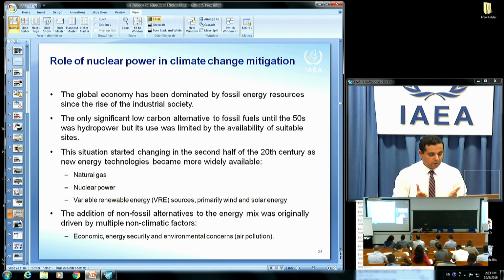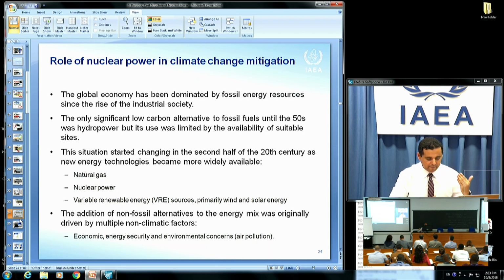Now the situation has changed in the last few years because of concerns about air pollution and climate change. But initially, this was not really the rationale behind developing nuclear power and, to a lesser extent, renewables.